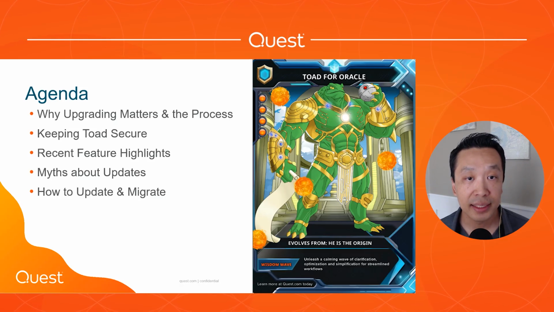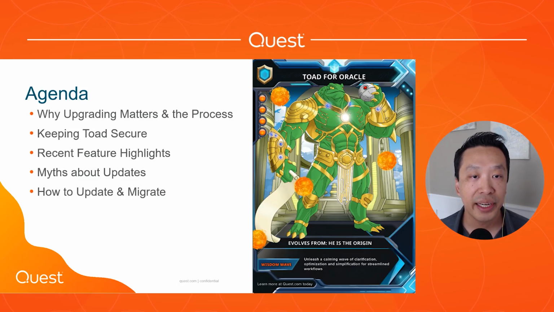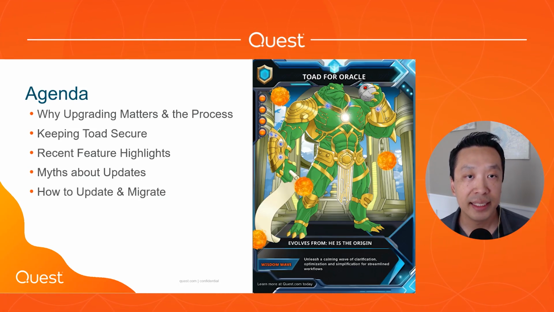I'll also highlight some of the newer features of Toad that you might be missing out on. And so I hope to also dispel any myths or concerns about updating your Toad, like it's too hard or it's too complicated. So I hopefully will walk you through that whole process and make it as easy as possible. And again, lastly, we'll go through an example of updating Toad on one of my own machines, and I'll highlight some best practices like backing up your settings, where to go to find your keys, and things like that.